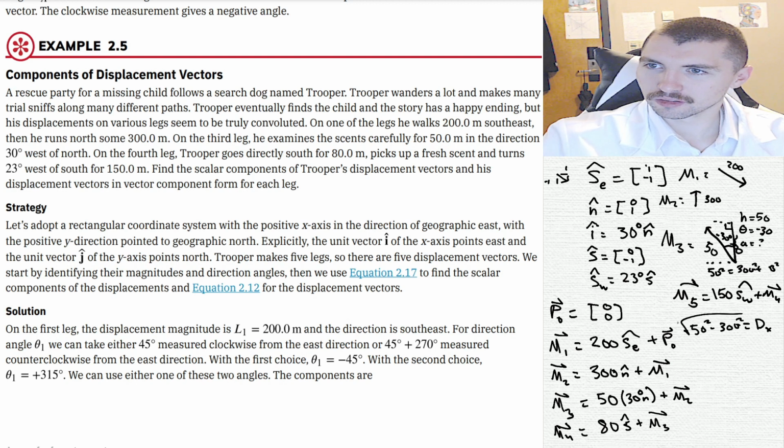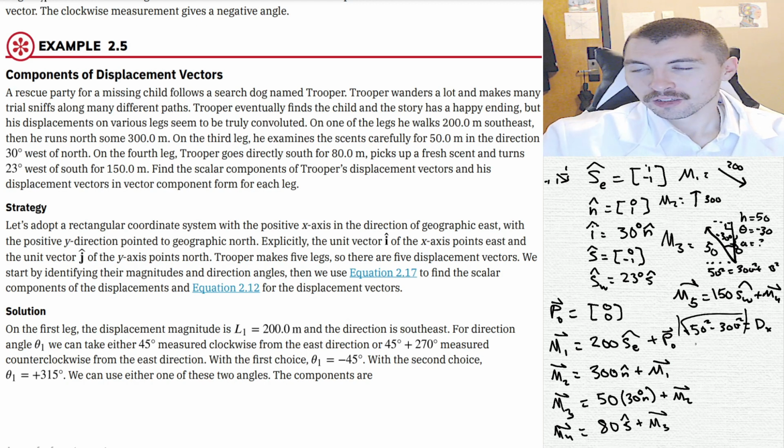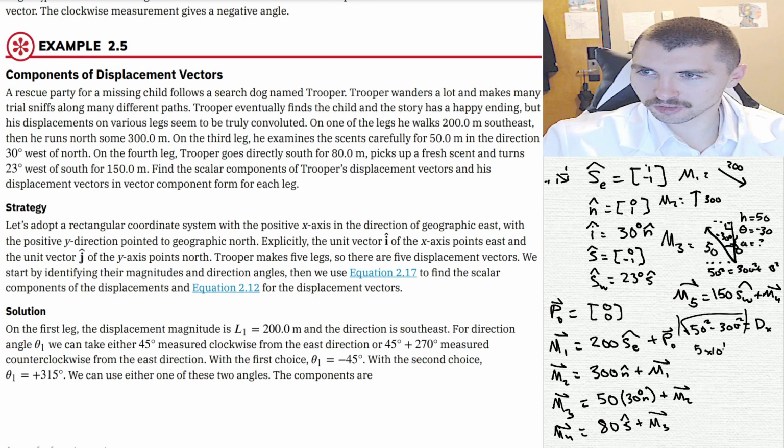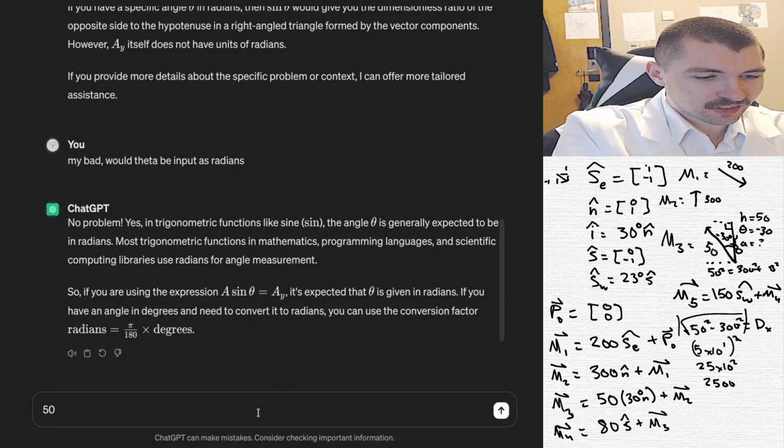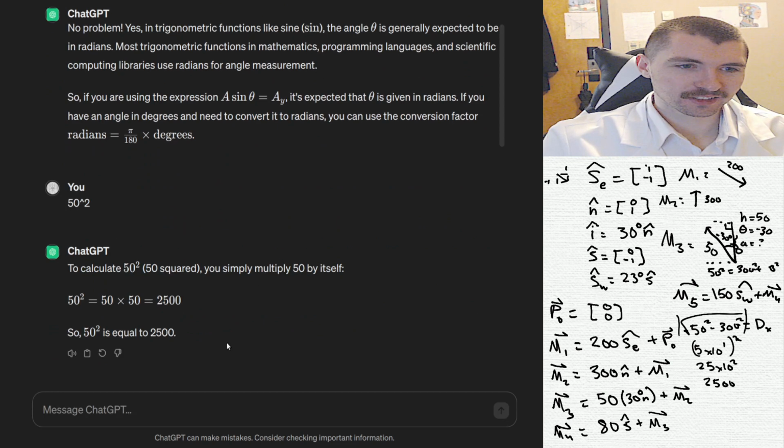And magnitudes are absolute values, right? So it's the absolute value of this. 50 squared is 2500.